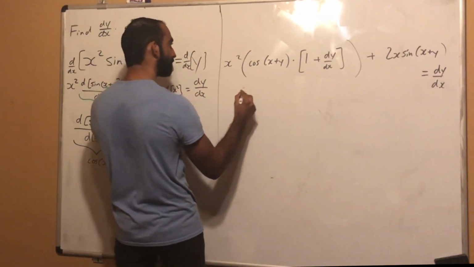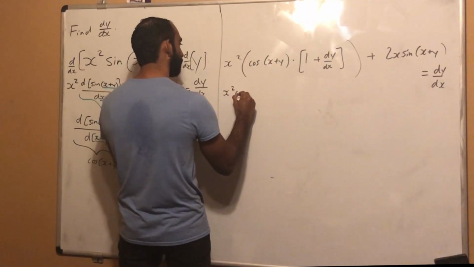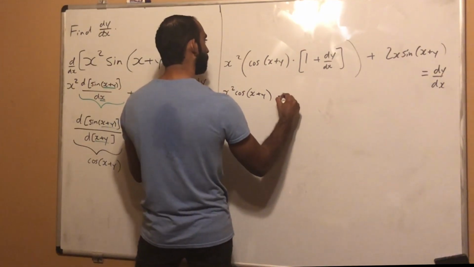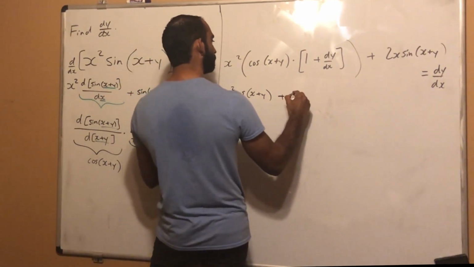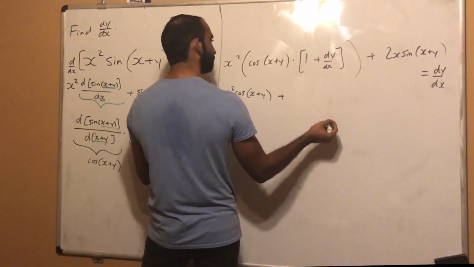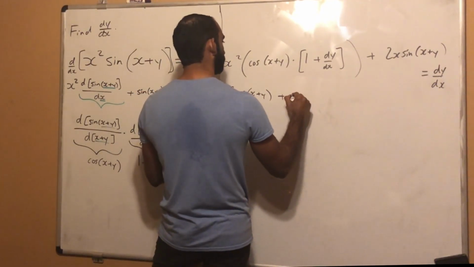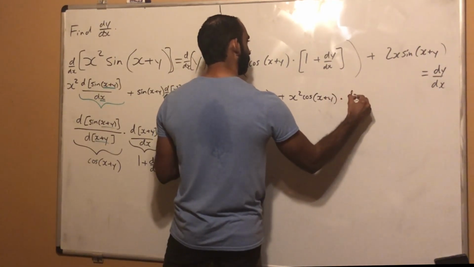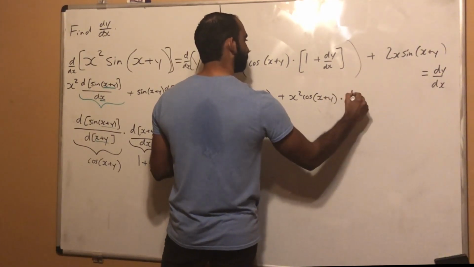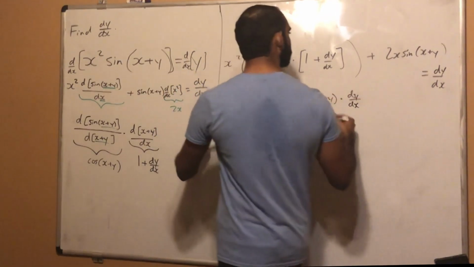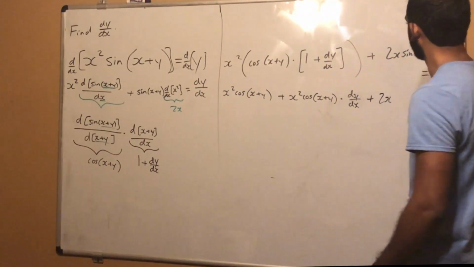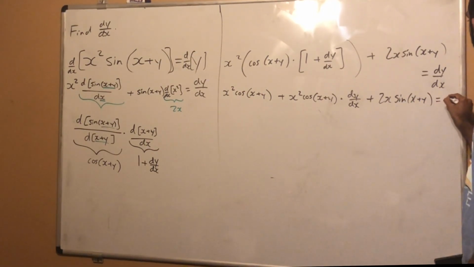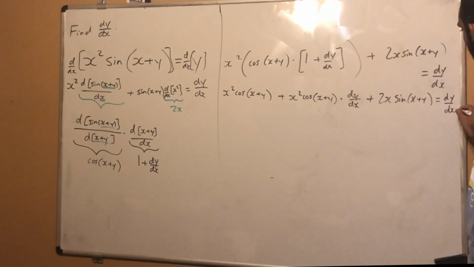So this guy is x squared cosine of x plus y times 1, so it stays itself, plus x squared cosine x plus y all times dy over dx. And I got all this stuff hanging out, right? 2x sine. That equals dy over dx.